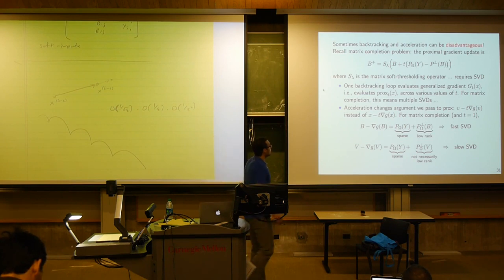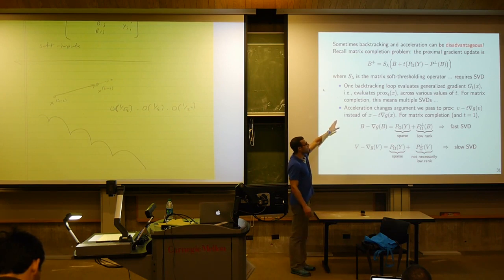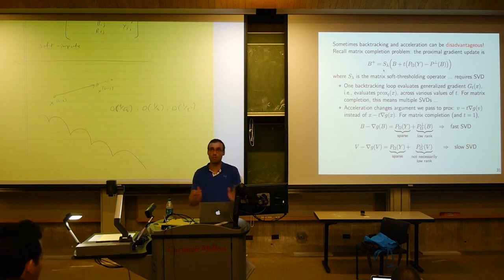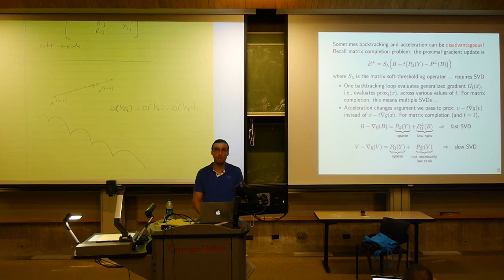If instead we decided to do backtracking, that would be bad here, because every iteration of backtracking would require us to evaluate the prox, which is a full SVD. So already backtracking is super expensive. And more than that, when t is not 1, if we're doing backtracking and playing with a step size, we don't have that nice sparse plus low rank structure. At least it's not clear that we have a structure that's amenable to fast SVD computation.